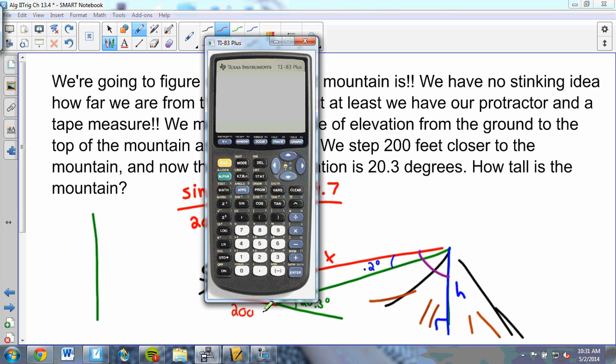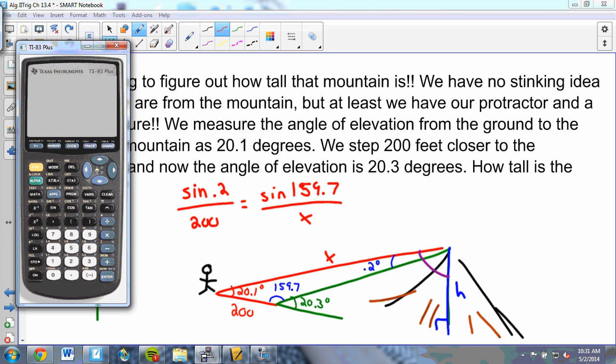So I solve this by doing the sine of 159.7 times 200 divided by the sine of 0.2. Forgot the sine in the beginning. Insert sine here, and insert parentheses there. Sine of 159.7 times 200 divided by the sine of 0.2.